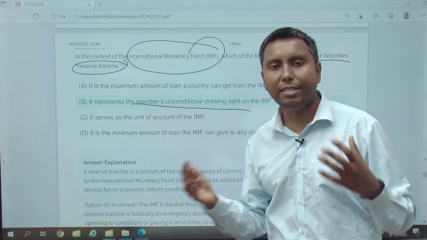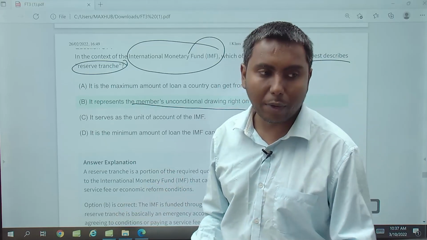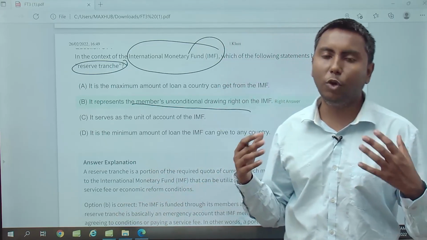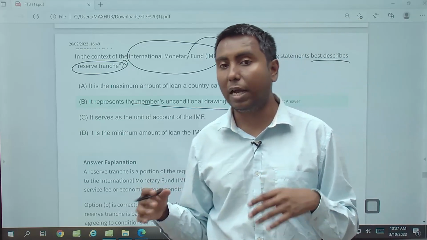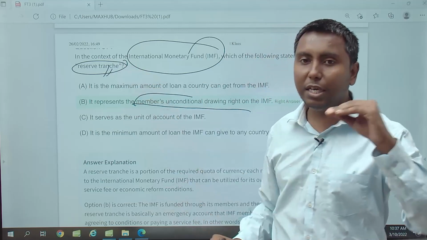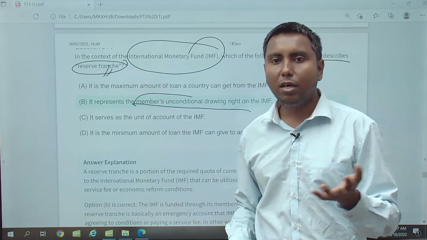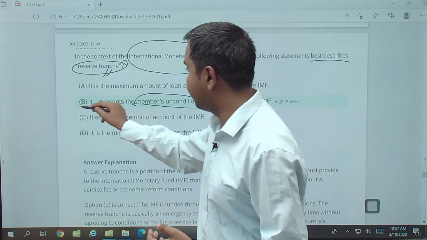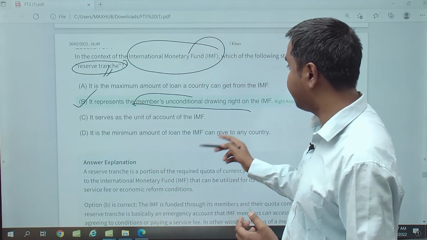Members can take loans from the IMF, but normally before taking a loan, members will have to fulfill some conditions and agree to pay some fees. But reserve tranche is the level till which members have this unconditional drawing right. So B is the correct answer.